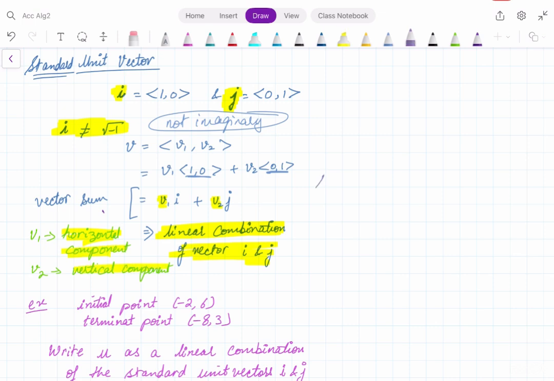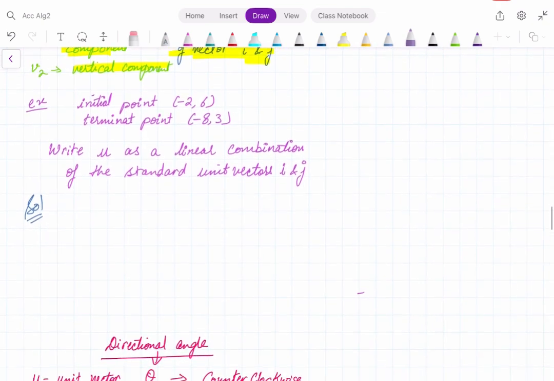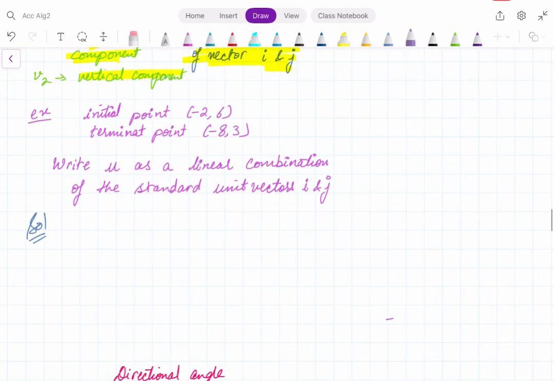And this kind of notation is called linear combination of i and j. So since v1 is the horizontal component, it will go with (1, 0). And v2 is the vertical component, it will go with (0, 1) because vertical implies that we are just talking about the y-axis. Horizontal implies that we are just talking about the horizontal axis.